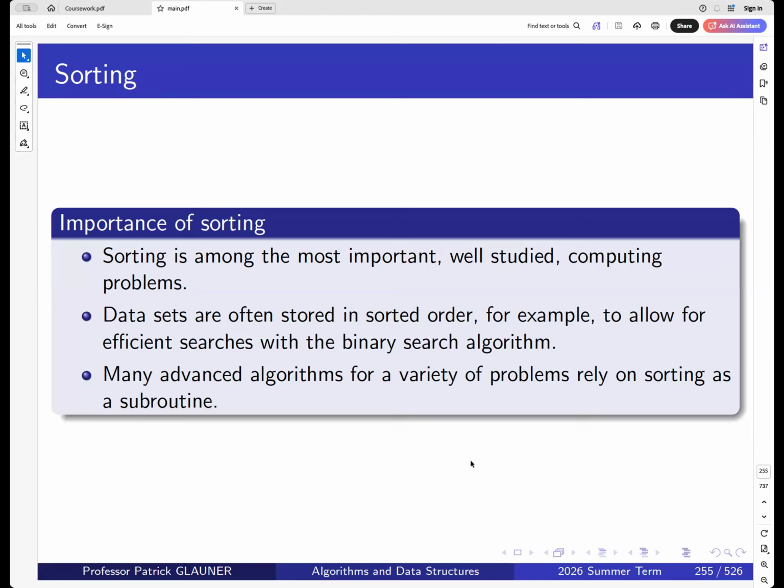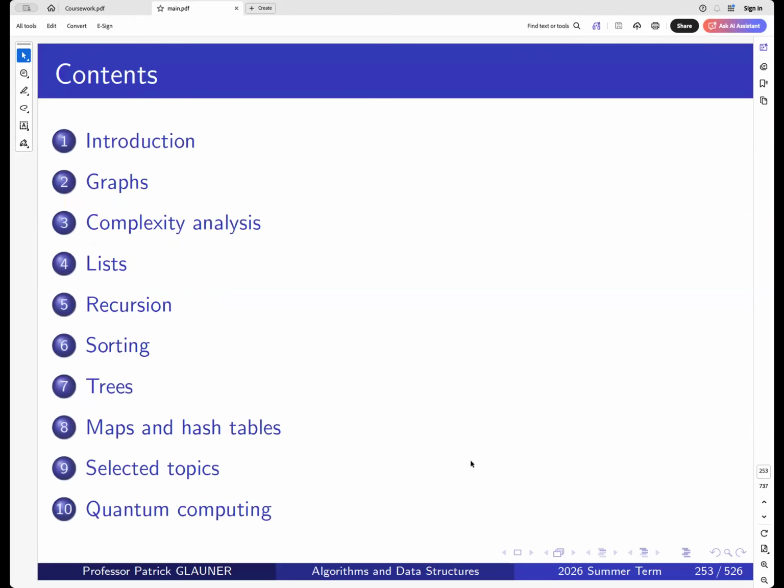Now, there are other algorithms that are more advanced. They also include sorting as a subroutine or as part of their work. So that's why sorting is super important in computer science, and that's why we need to study it.